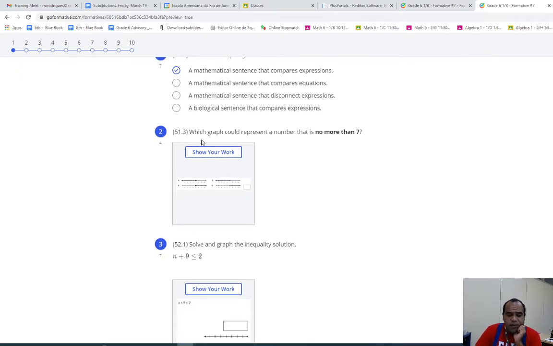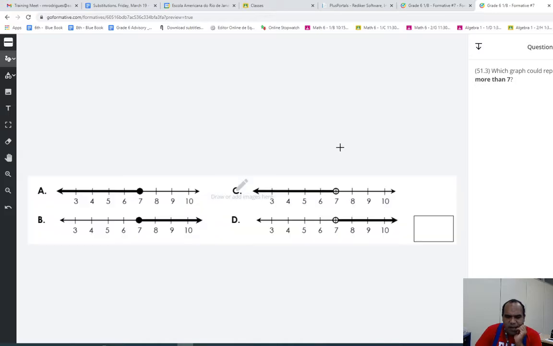Number 2. Which graph could represent a number that is no more than 7? Guys, no more than 7. Let's understand here first. A number, I always use x, it is my number. As you remember, we talked about that.